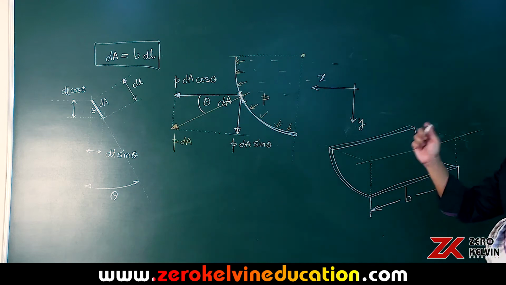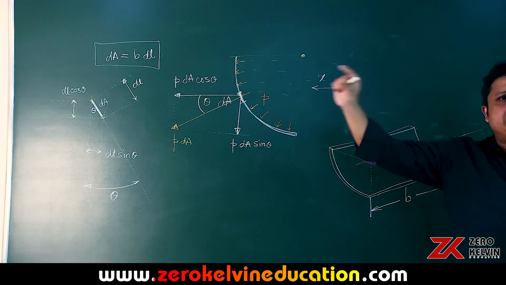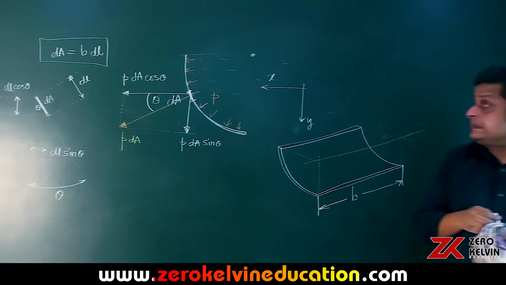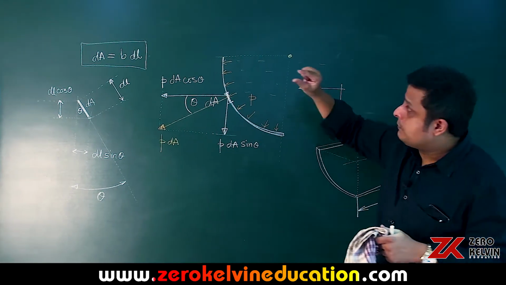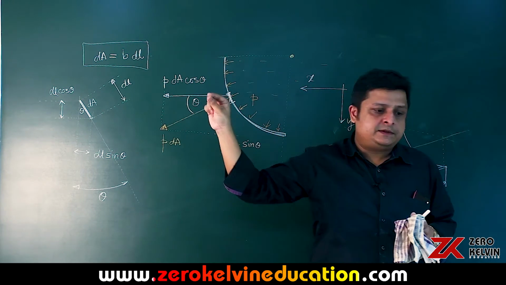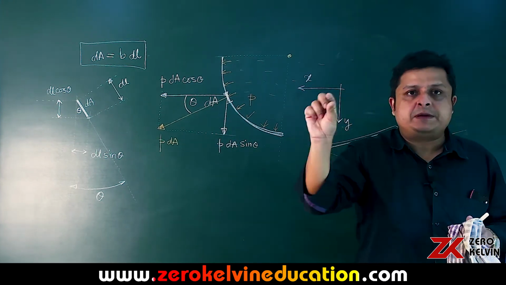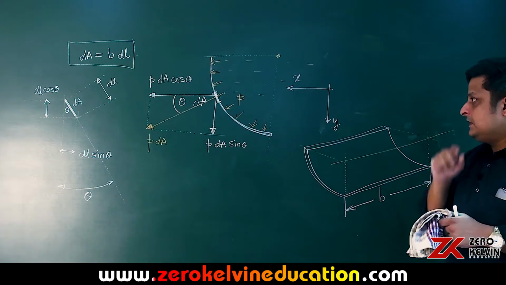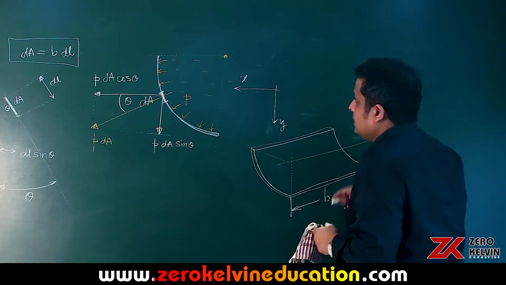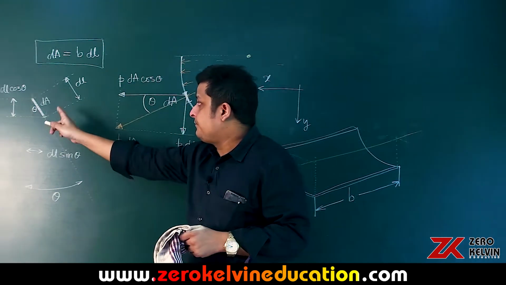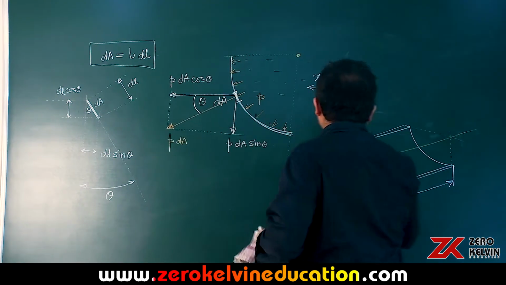Now, this dA is actually a rectangular strip, because see, this is actually a curved surface, but we have split it into small rectangular strips, like thin slips of paper. Now I will draw this dA for you. This is the front view of dA, but in a three-dimensional diagram.